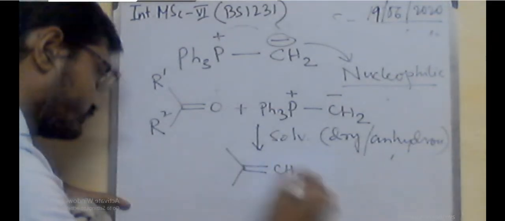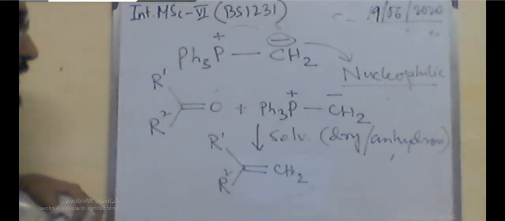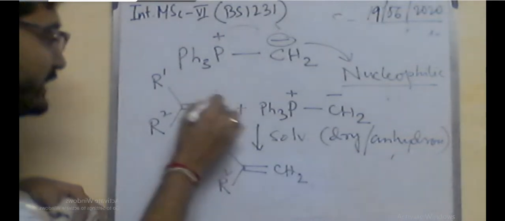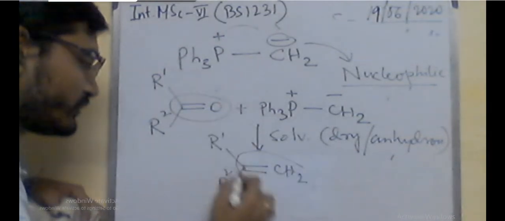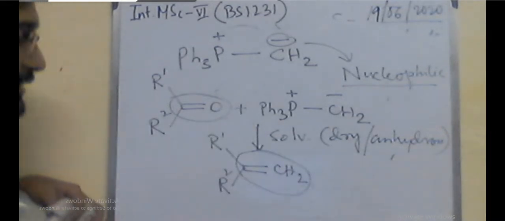So the Wittig reaction is important for the transformation of C double bond O to C double bond C. That is the importance of the reaction.